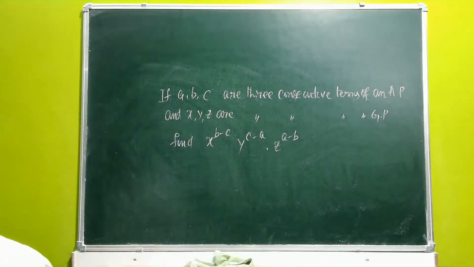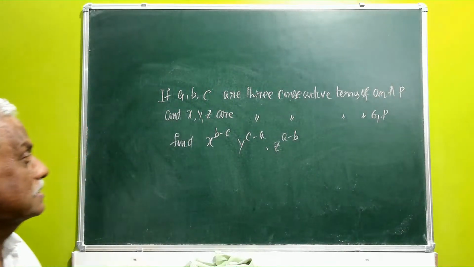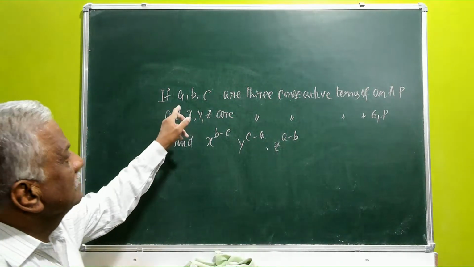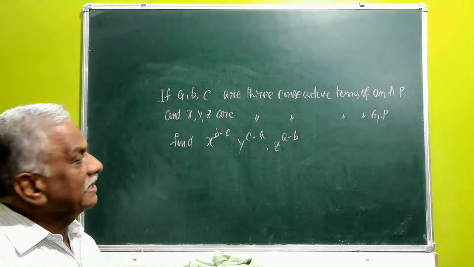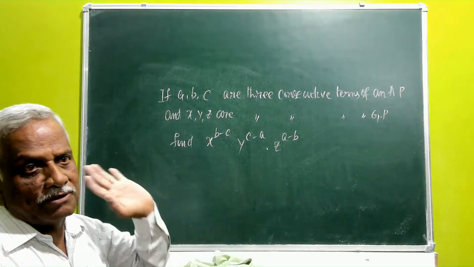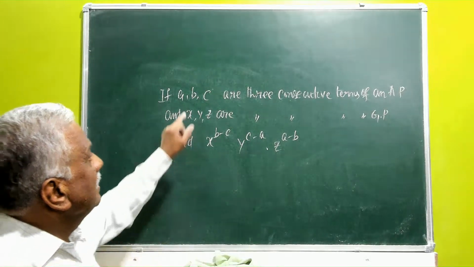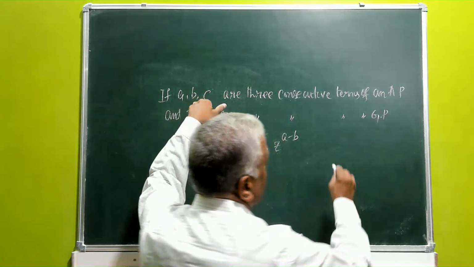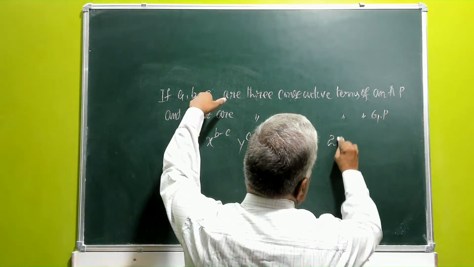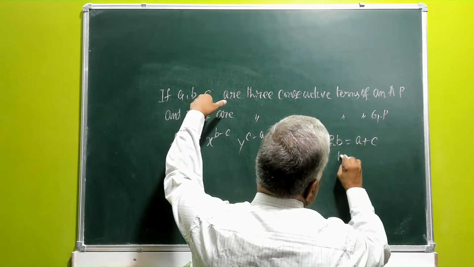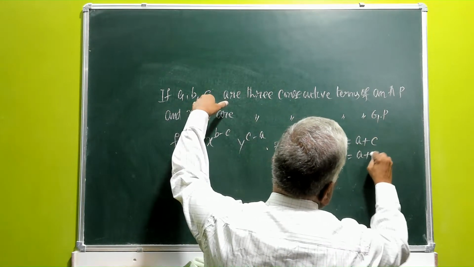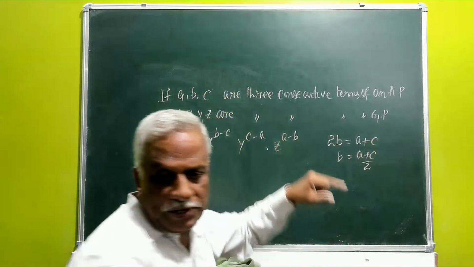Very interesting problem. Here, one thing you must understand, there are so many variables. So let us try to reduce it to the minimum number of variables. If a, b, c are in AP, then 2b is equal to a plus c, or b is equal to (a plus c) by 2. This is what you need to remember.